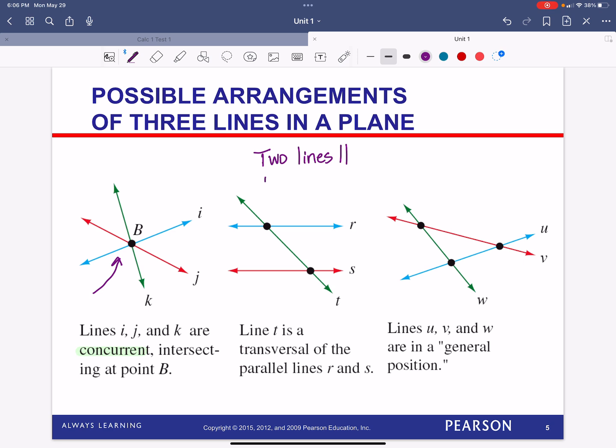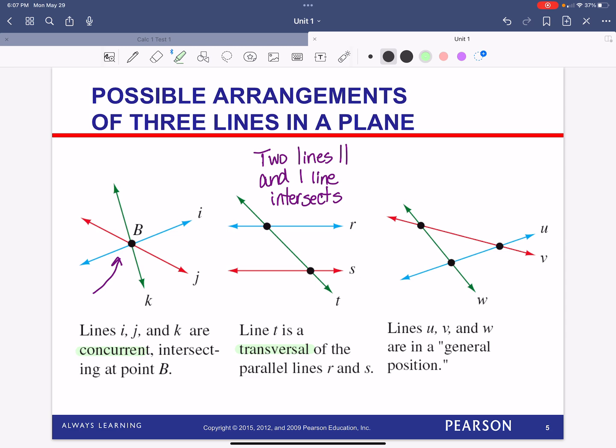And 1 line intersects both of them. That line that intersects both of them is called a transversal. It's this line right here that's our transversal, and we'll talk a lot about a transversal a little bit later on.